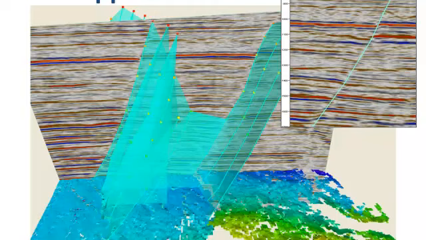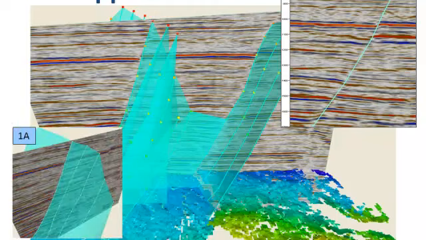What about the fault interpretation on 3D cubes? As displayed here, the mission is a little bit easier, still not easy enough, but much easier to interpret faults on a 3D cube rather than faults on 2D separated lines.